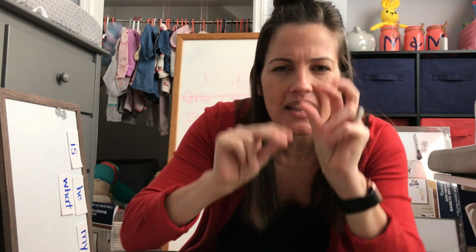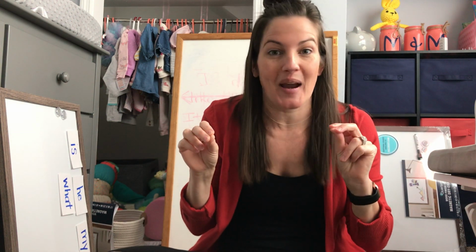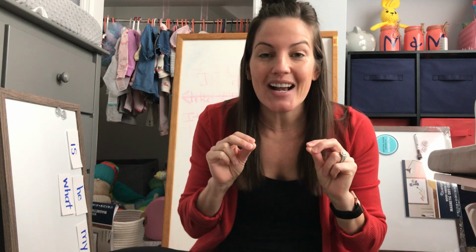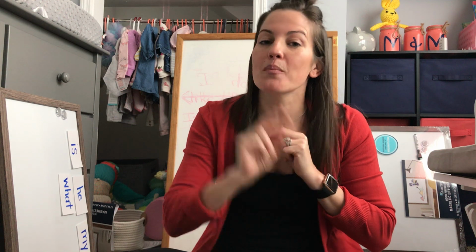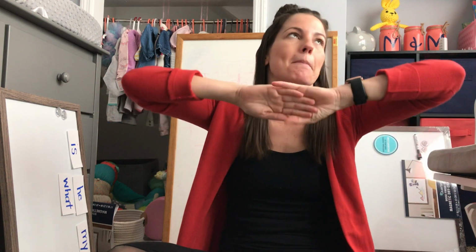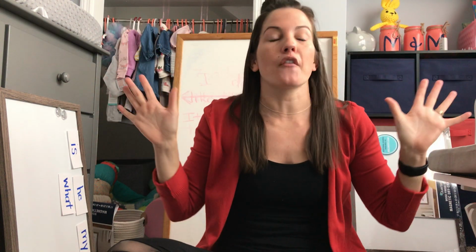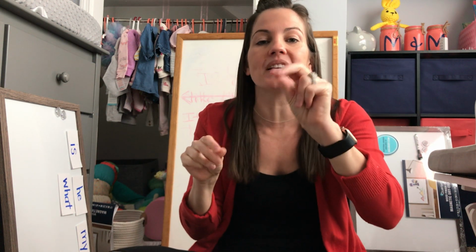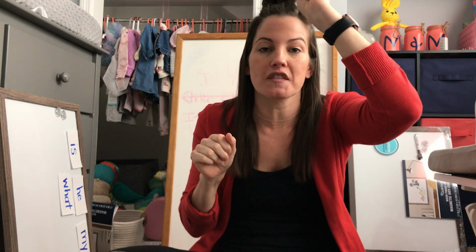Now when I go like this, what's key details? I know your brain didn't forget. Key details are the teeny tiny parts. So key details are the parts of the story that help me understand the main topic. So if my main topic was about friendship, the key details would be all the parts in the story that help me to understand the message of friendship.